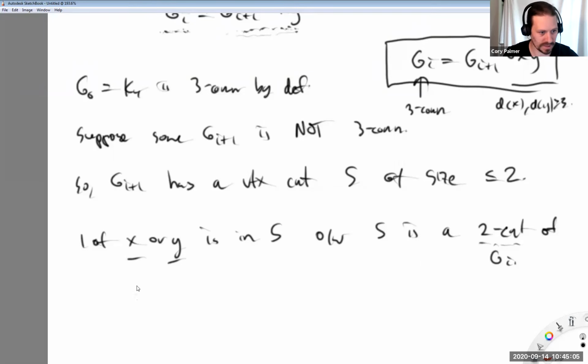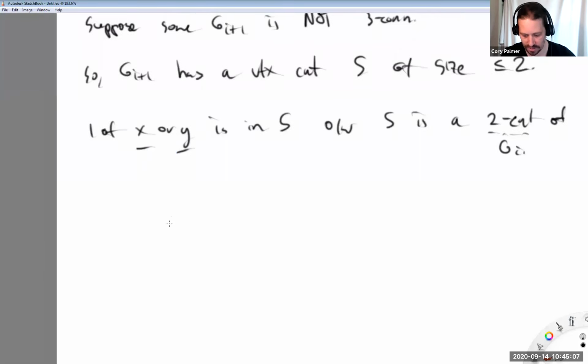Okay, so now let's actually finish this with a picture. Let's look at Gi plus 1, and we've got the cut S here, and I'm going to assume that X is in it without loss of generality. I'm going to write Y over here, but the two vertices of the cut, in principle, could be X and Y. Let me rule that out real quick at least.